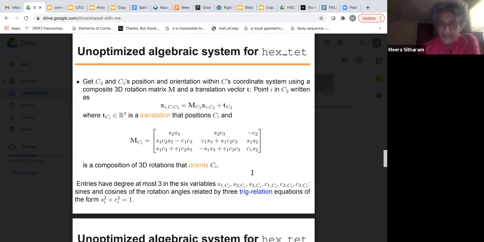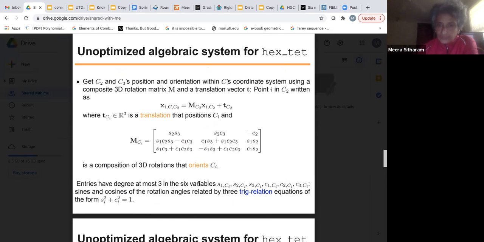So the positions of a given point in the new coordinate system can be written by just applying this rotation matrix to the positions of the point in the old coordinate system, in its original coordinate system in which you solved it.